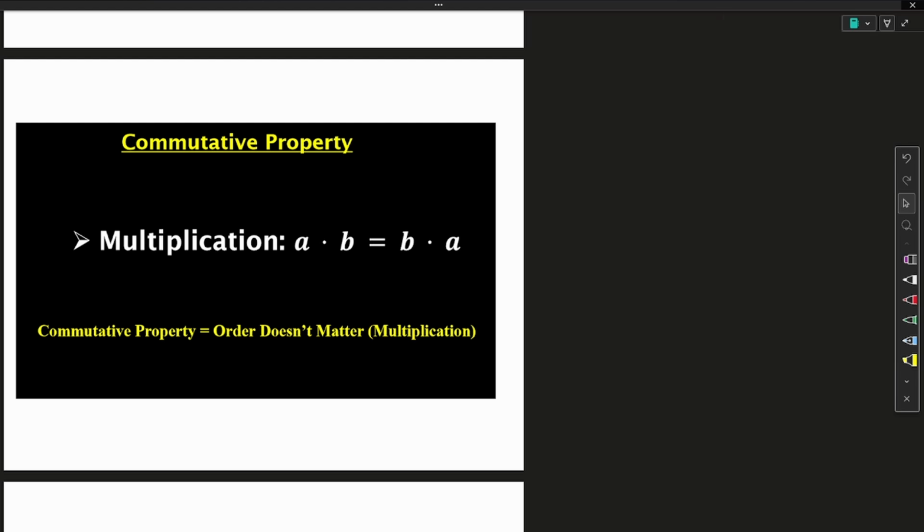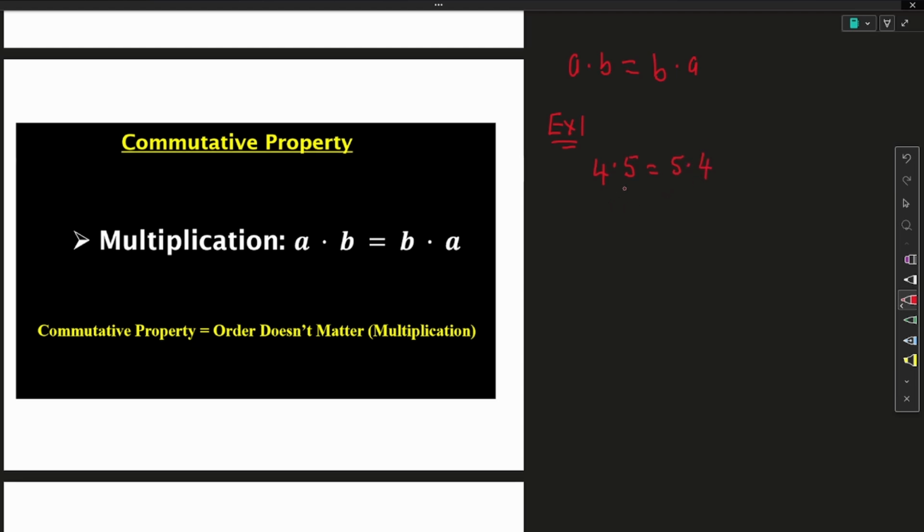The commutative property for multiplication states that A multiplied by B is equal to B multiplied by A, where A and B are real numbers. So if we take for example 1, where our A is 4 multiplied by B, where our B is 5, is equal to 5 multiplied by 4.